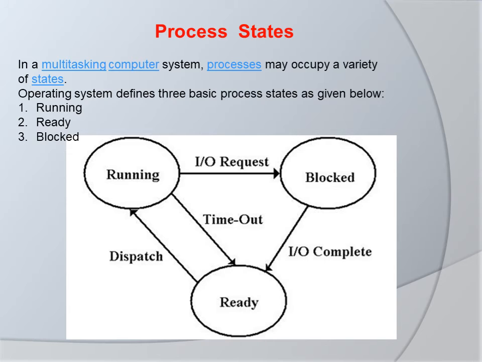When it gets control of the CPU, it moves from ready to running. If there is a timeout while the process is executing, it goes from running back to the ready state. Then, when it gets control of the CPU, it comes from ready to the running state. So these are the states of processes.